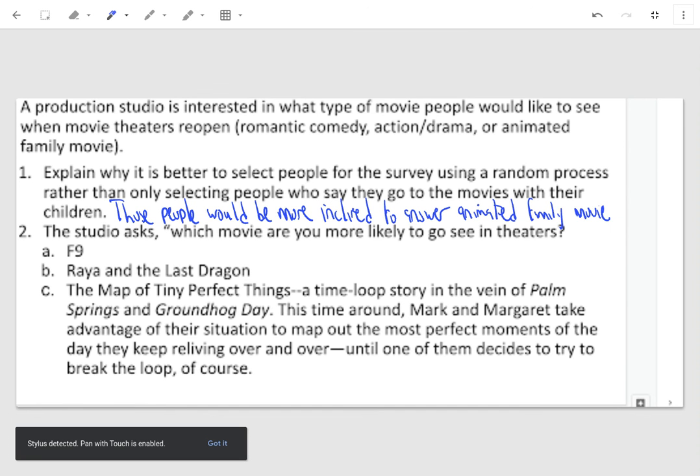People who go to the movies with their children would be more inclined to answer with that, and thus this would lead to biased results.